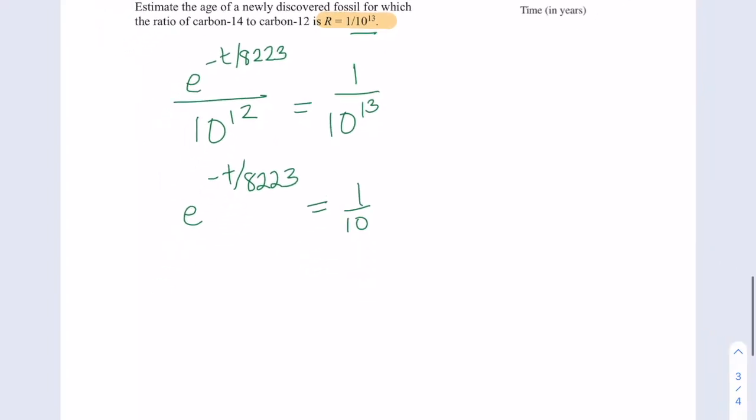All right, so from here, we want to make sure we get rid of the e and simplify that exponent. So we're going to take the natural log of both sides. So I'll have negative t over 8,223 will equal the natural log of 1/10.